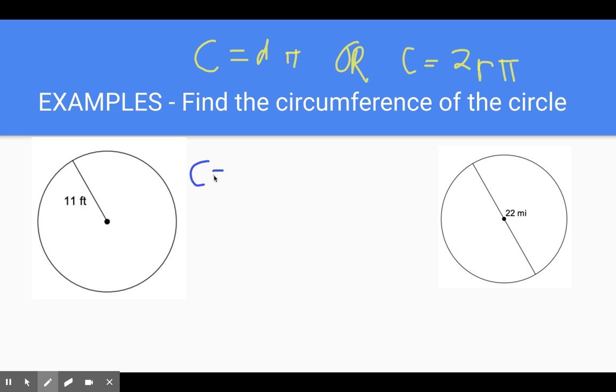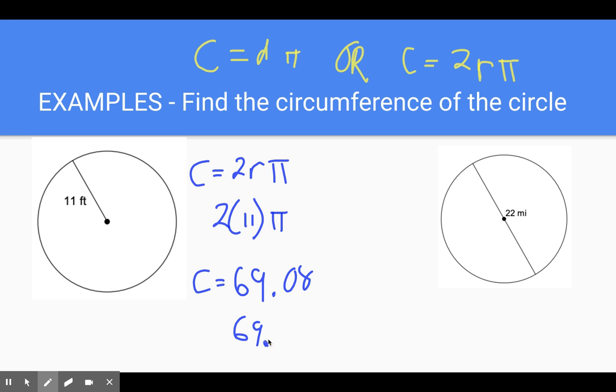That means circumference is equal to 2 times the radius times pi, which becomes 2 times 11 times pi. You can use a calculator. If you are using a handheld calculator, there is a pi button, which would technically give you a more accurate answer, or you can just multiply by 3.14. The circumference comes out to 69.08, which would then round to 69.1.